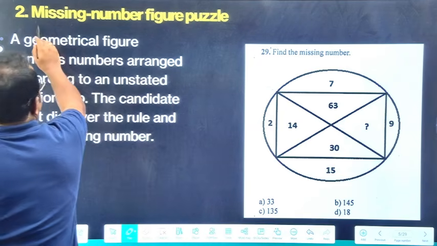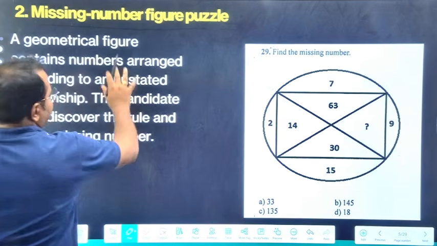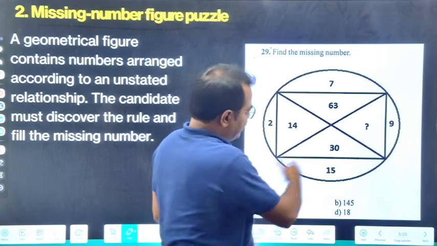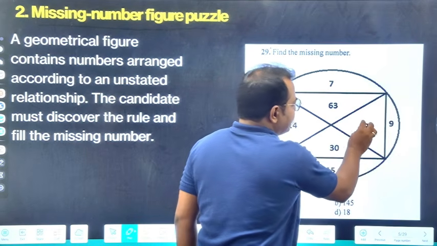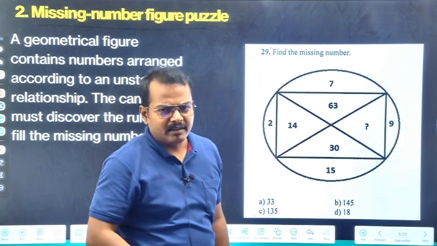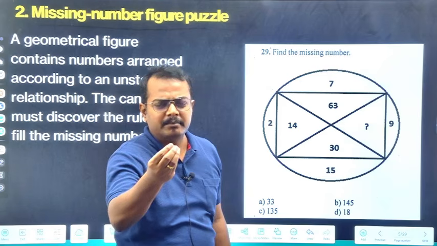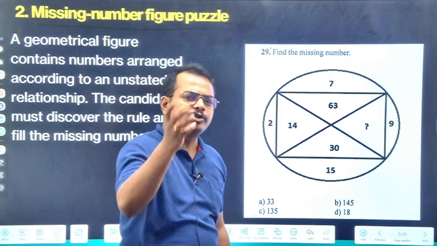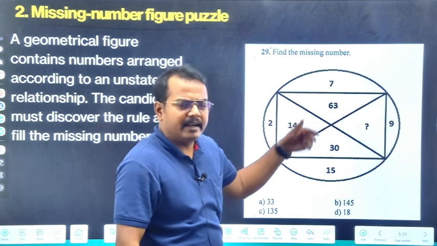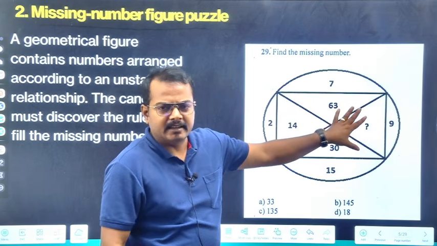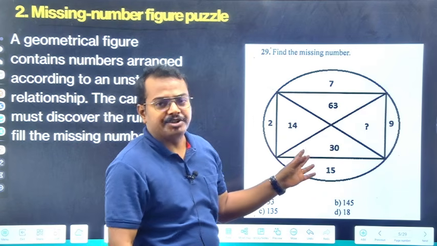There will be a missing number in a figure puzzle. A geometrical figure is given, there are some relations between the numbers, and you have to identify what should be present in the missing place. It will be like odd, even numbers, prime numbers, square roots. You have to find the relationship between these and provide the exact missing number. So these are trick questions.